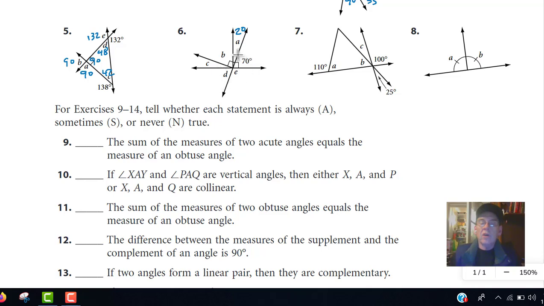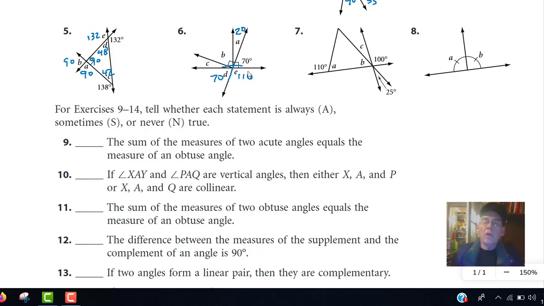Let's look at this X that makes this 70. We got this line goes through here and through there. So D has to be 70 because it's a vertical angle. Together with E, these need to add up to 180. So 180 take away 70 gives us 110 for E. Now, if we look at the lines that make up E, let me use the markup tool here.